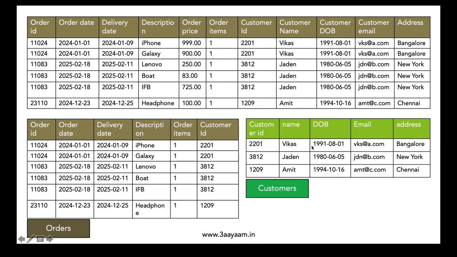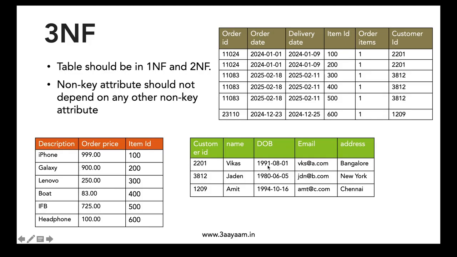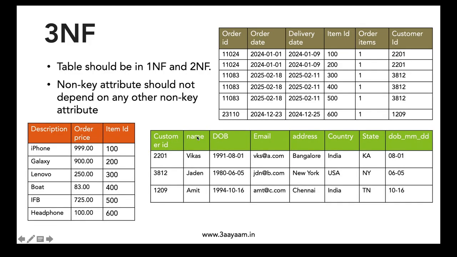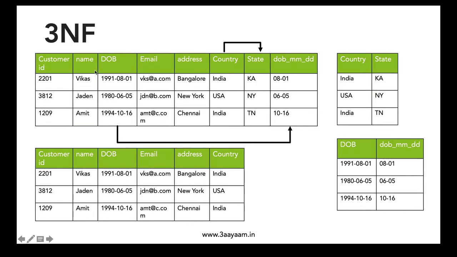And this table also, which is the customer table. So this particular table, which was in first normal form, was broken down into 3 tables. Then I extended this table a little bit more and I added few more columns to show you third normal form. And then I broke down that particular table, the customer table, into 3 different tables. And now we have 5 tables from that data and all of them are in third normal form.